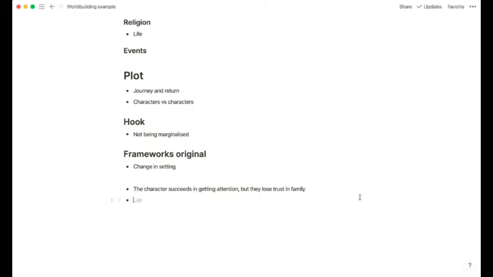And then the character fails in retaining attention, but they gain the trust of their family.